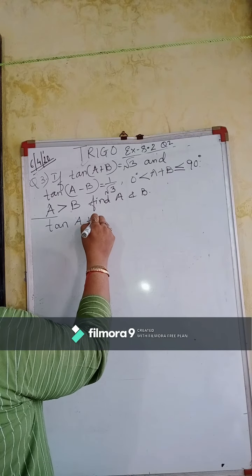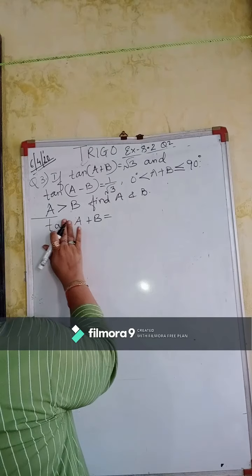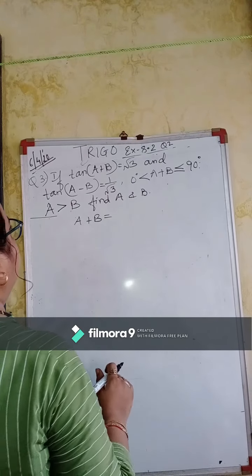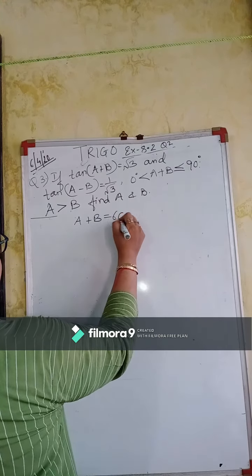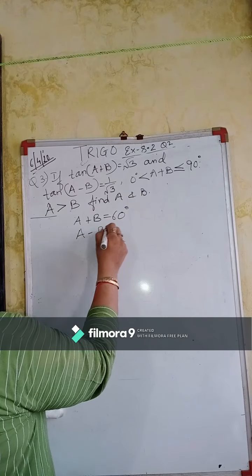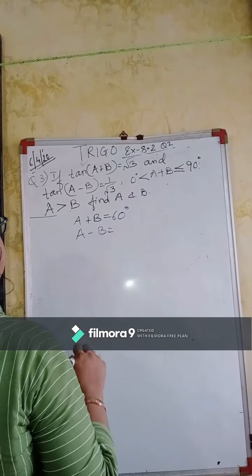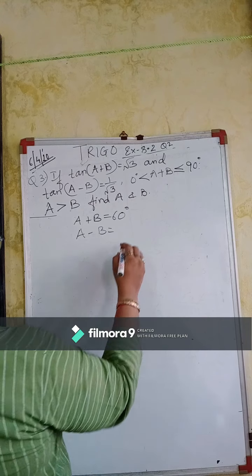Tan(A plus B) is root 3, which is at 60 degrees, so I'll put A plus B is 60 degrees, and tan(A minus B) is 1 by root 3, which is 30 degrees.